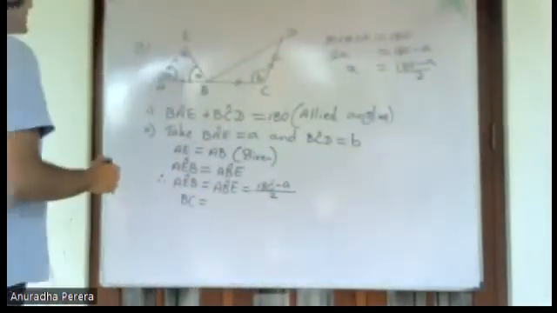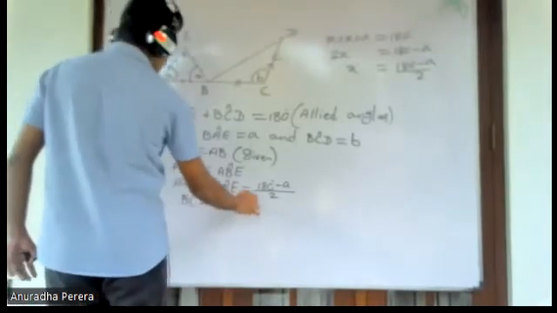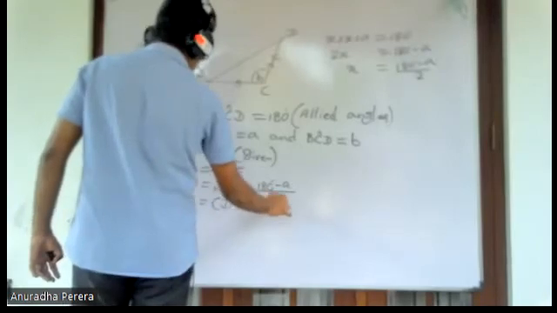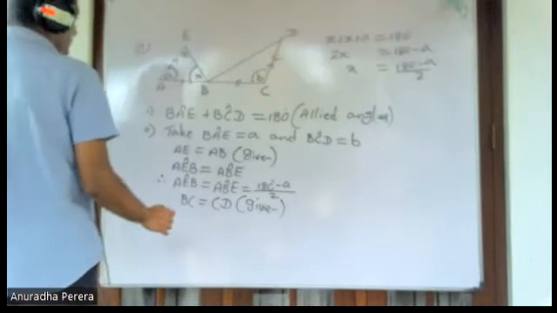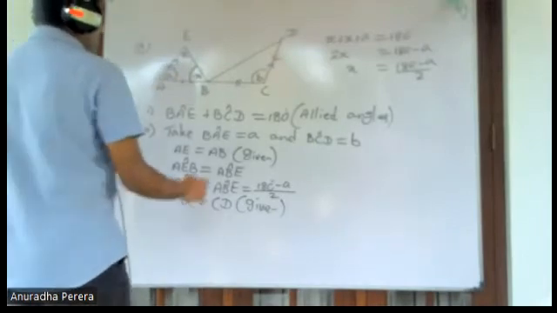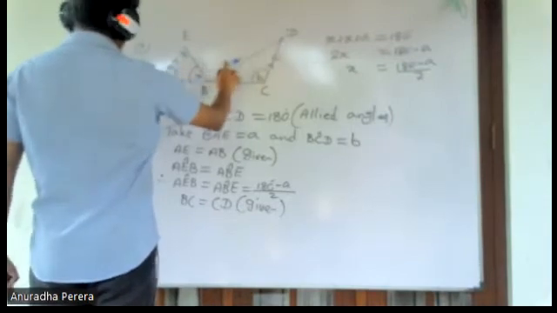Similarly, BC equals CD, right? It is also given. This is the isosceles triangle theorem. Now we can write CB. These two are equal.